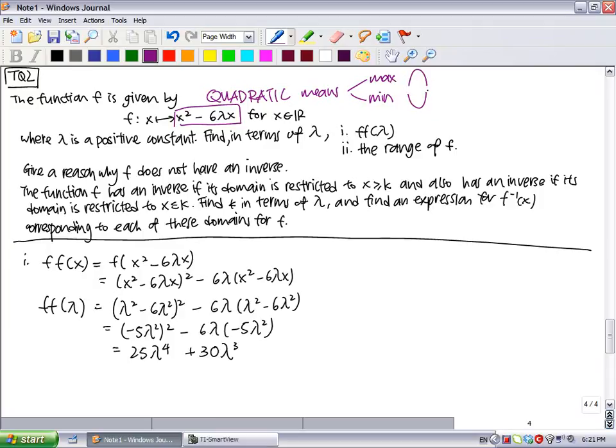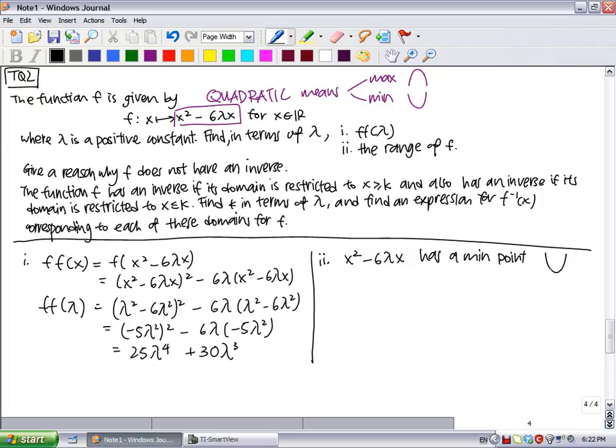Because the coefficient of x squared is 1, you expect that x squared minus 6 lambda x has a minimum point. In other words, it should look like a smiling face.